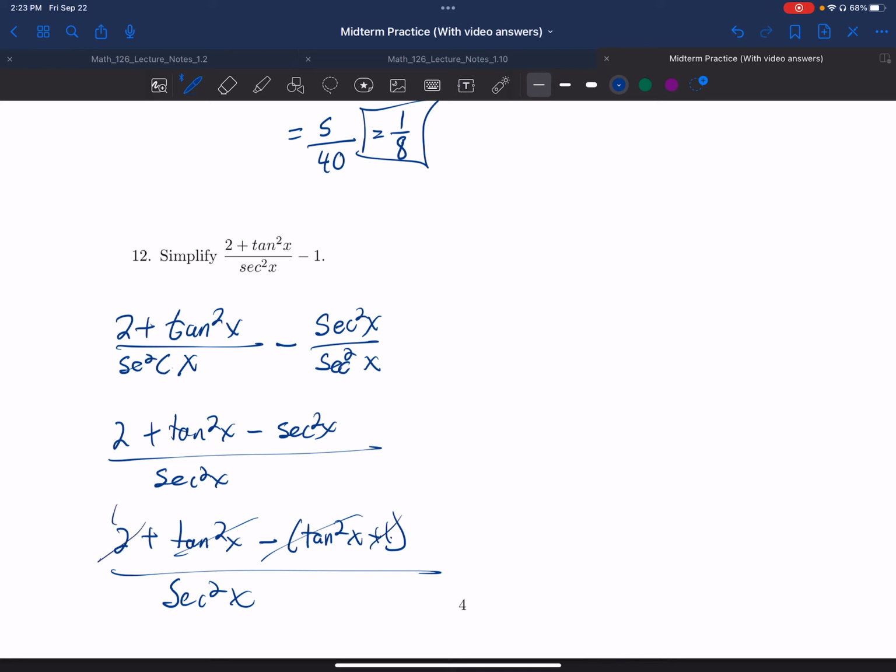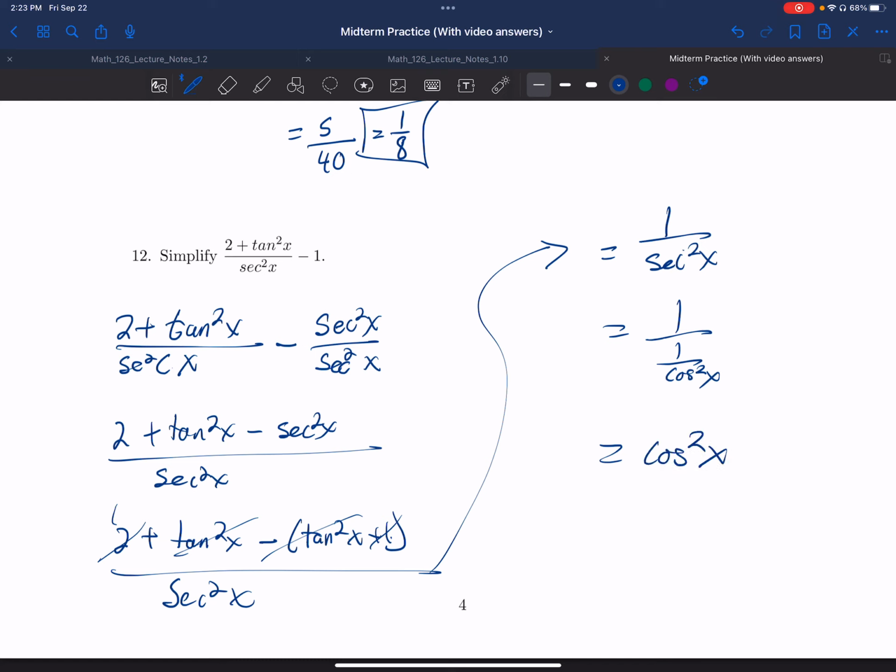One of these turns this into a 1, and so I'm just left with 1 over secant squared x, and I can simplify this even more, because that's 1 over 1 over cosine squared x, which is just equal to cosine squared x. And this is as simple as we can get it, so here is my simplification.